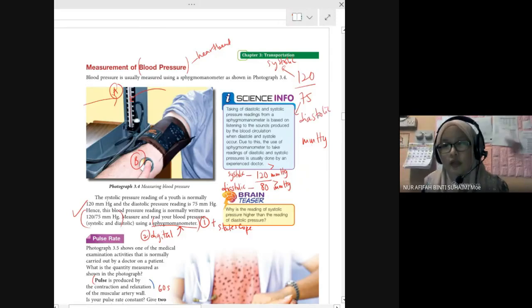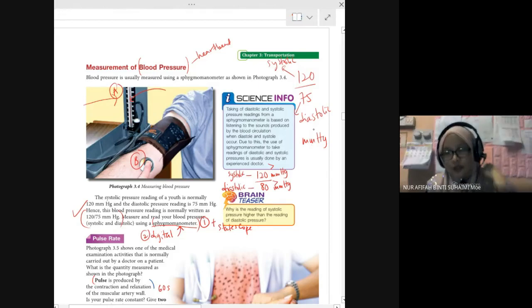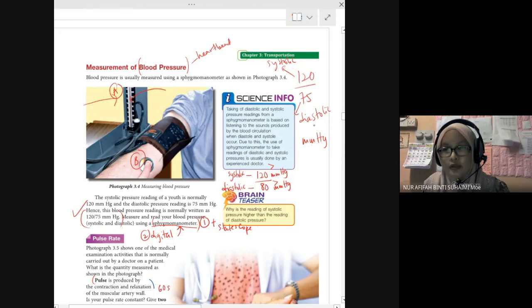Still remember, systole or systolic is when your heart is pumping or contracting. Diastolic is when your heart is relaxed, in between your heartbeat. We have two types of reading: systolic blood pressure reading and diastolic blood pressure reading.